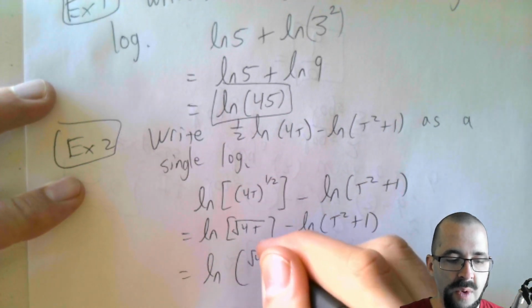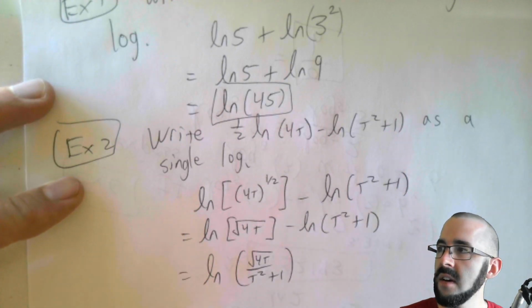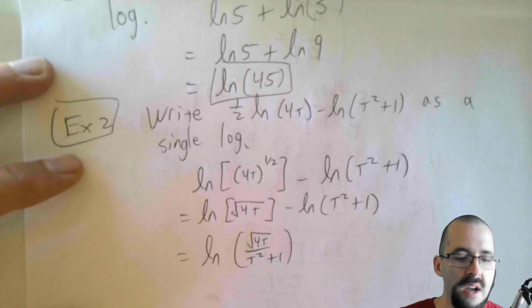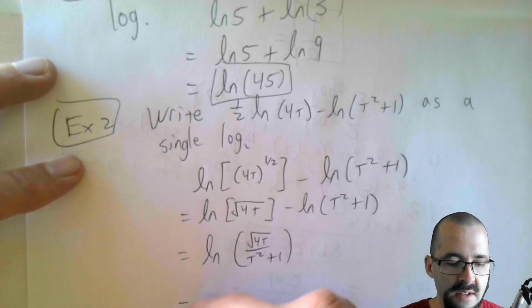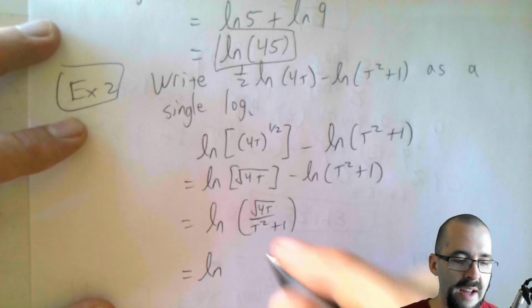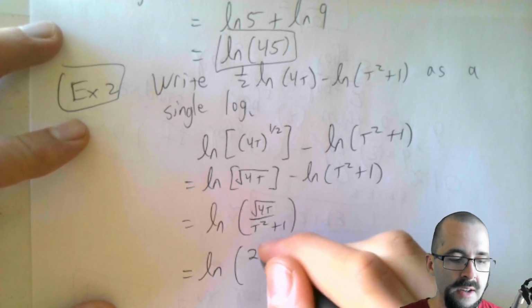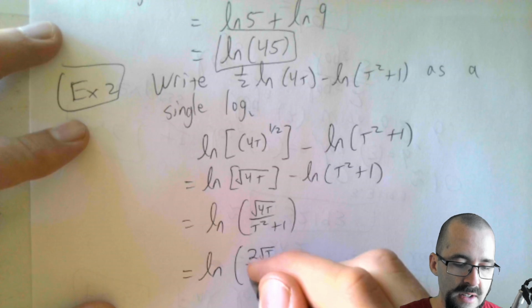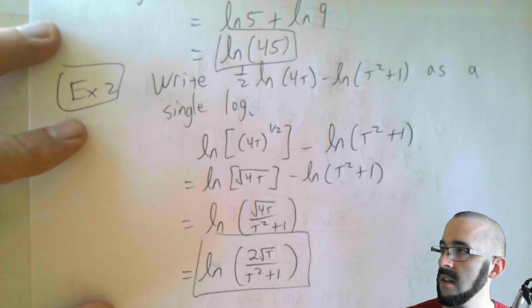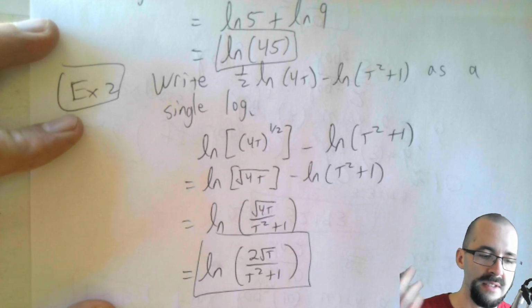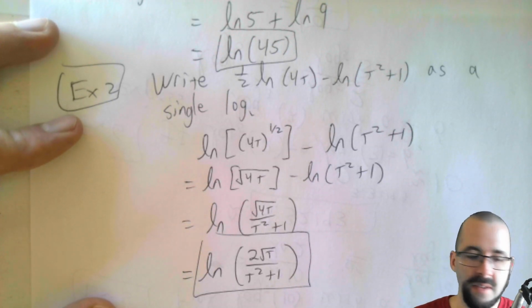That becomes the natural log of the square root of 4t divided by t squared plus 1. Finally, we could simplify a little bit. The square root of 4 times t: the square root of 4 is just 2. The square root of t, we don't know that, so we'll write 2 square root of t over t squared plus 1, like so. And this is how we can combine logarithms. We can also split them up too.